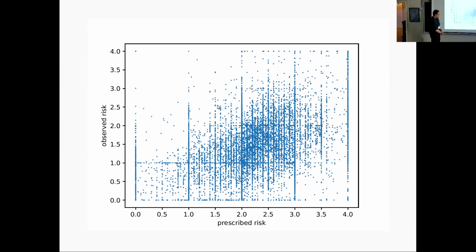On this plot, on the horizontal axis, I have the prescribed risk. And on the vertical axis, I have observed risk. These values are weighted averages of the securities invested in their accounts. The weight is by time and by amount.